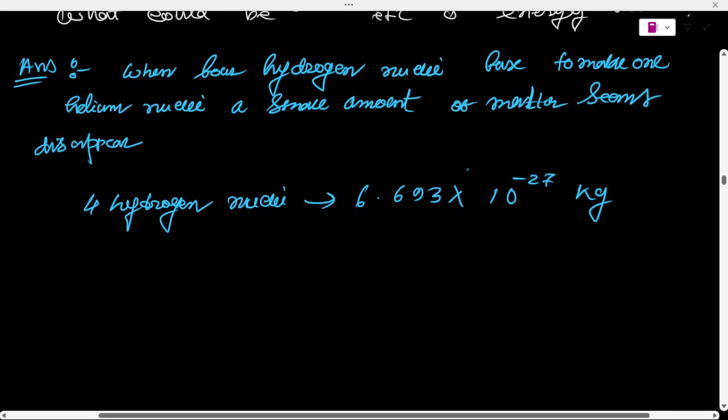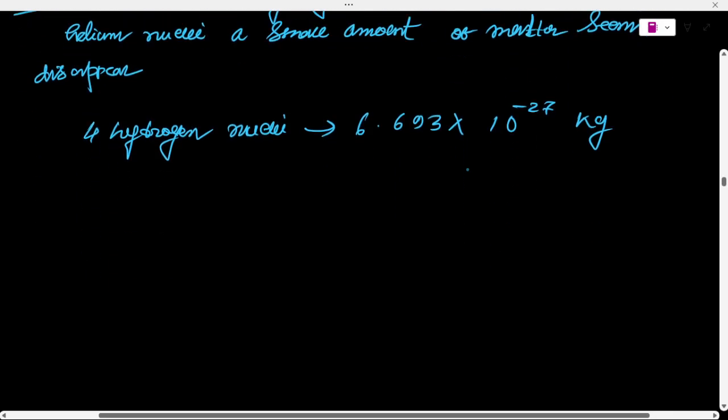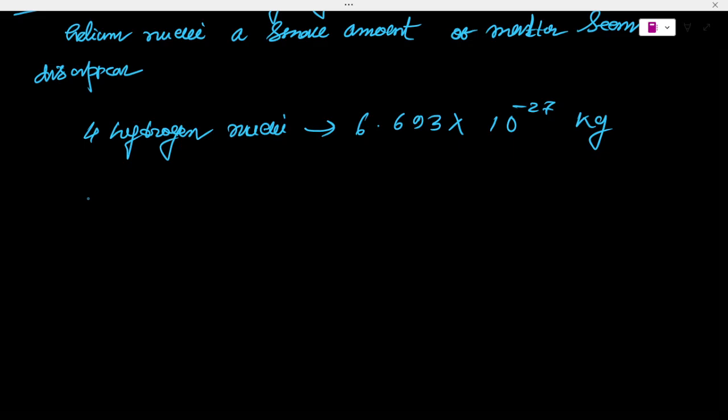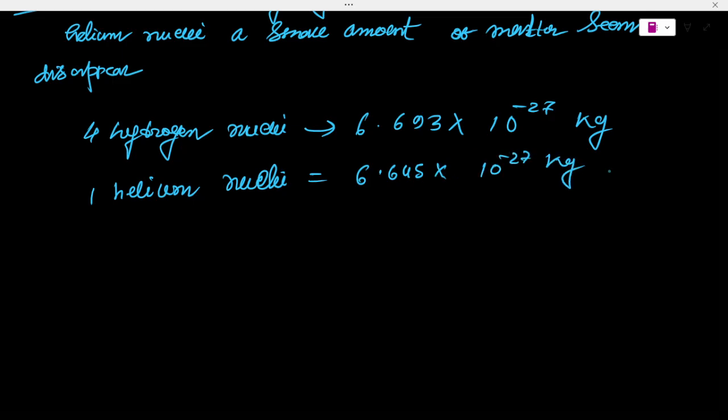Okay, and one helium nucleus is equal to 6.645 into 10 to the power minus 27 kg.